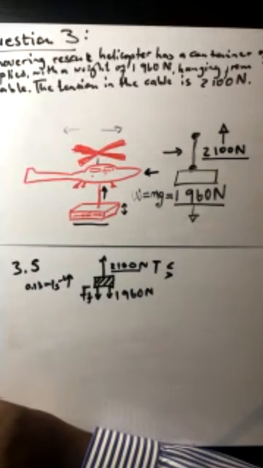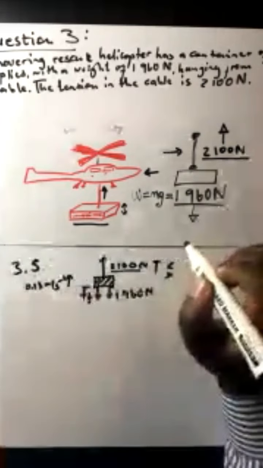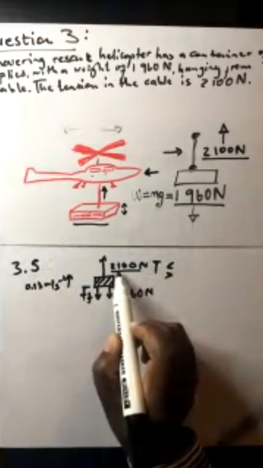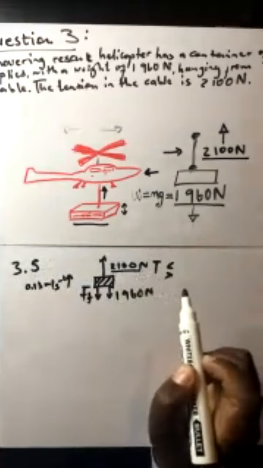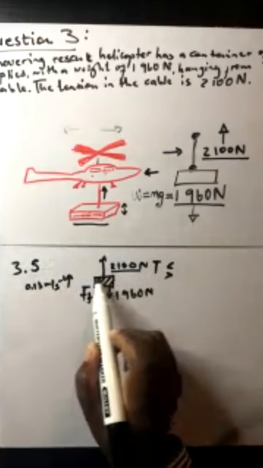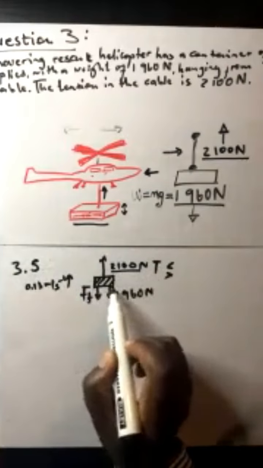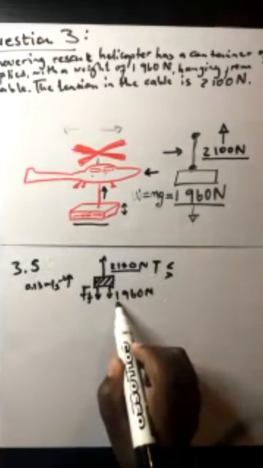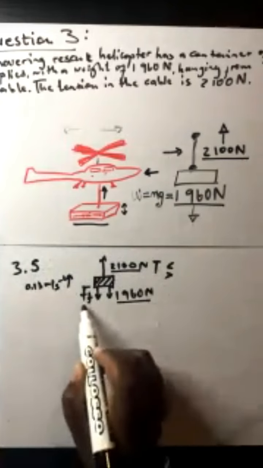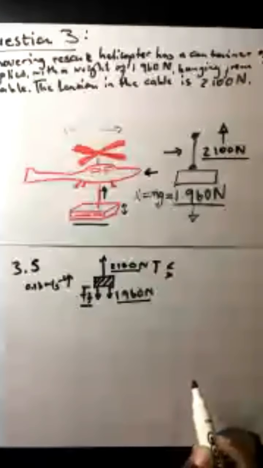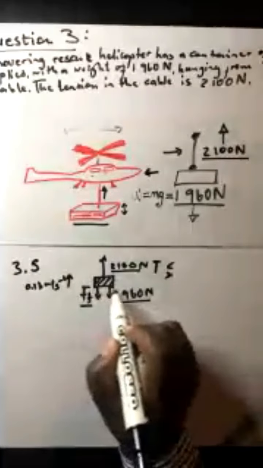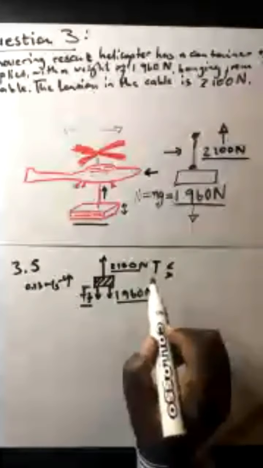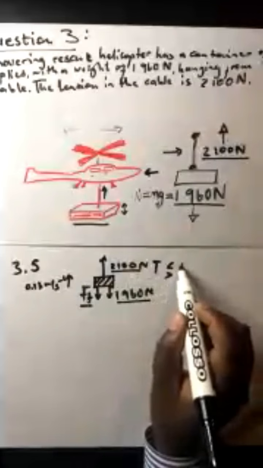Okay, so you can say the reason to that is because when the tension is 2,100 Newton, this container is not moving, it won't move because it's being balanced by that and that. So for this container to move in the upwards direction, it means the tension has to increase.